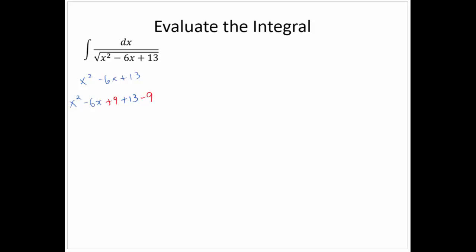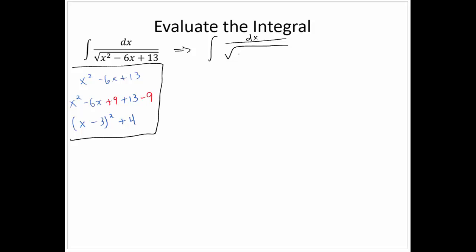And so this then can be written as x minus 3 squared plus 4. So, there's some side work. This becomes the integral of dx over the square root of x minus 3 squared plus 4.